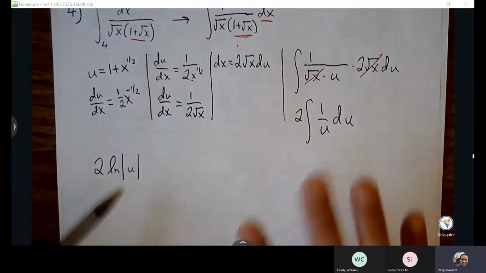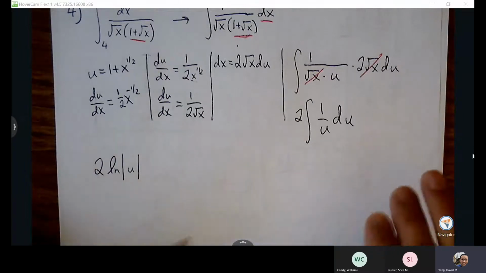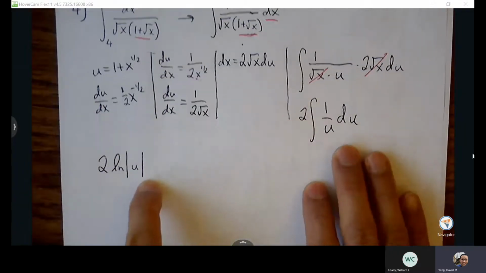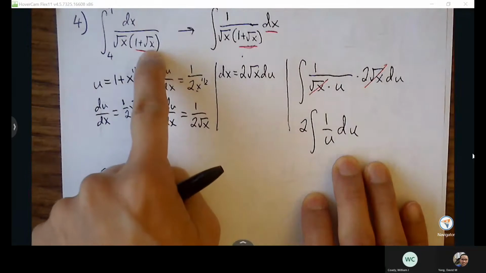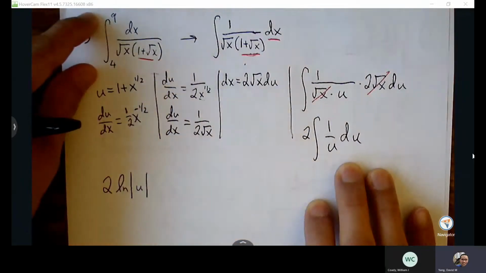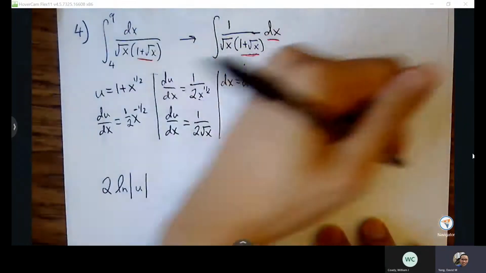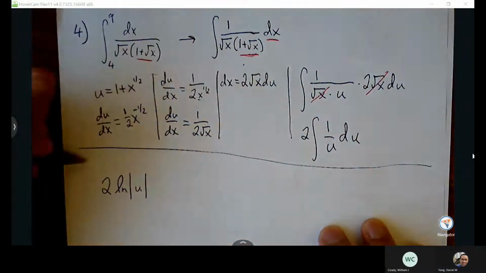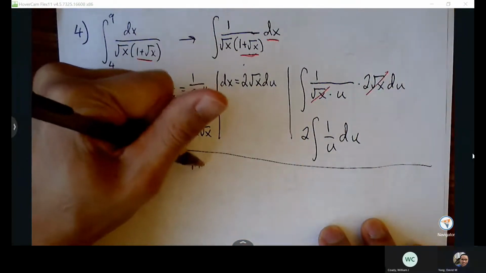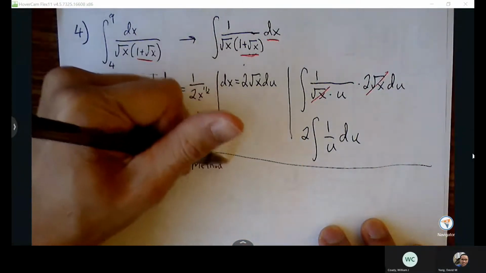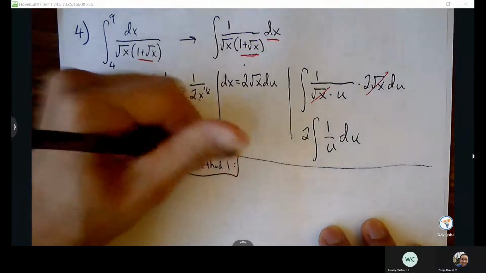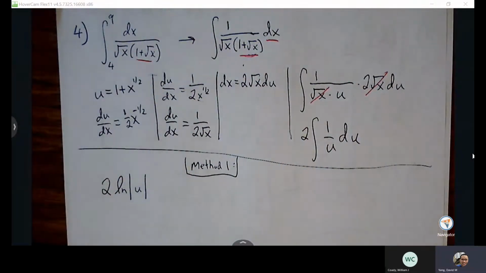Now here you have 2 methods you can go about doing this. You can bring your u back in terms of x, and then use the original bounds, which is perfectly fine. I'm going to show both methods.